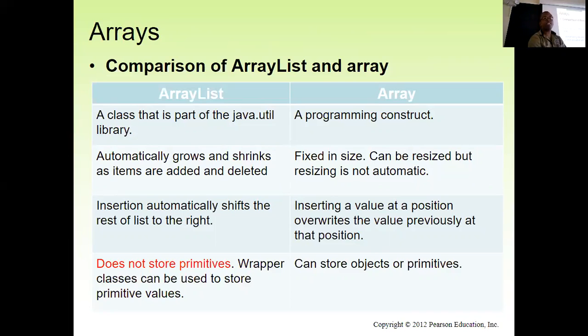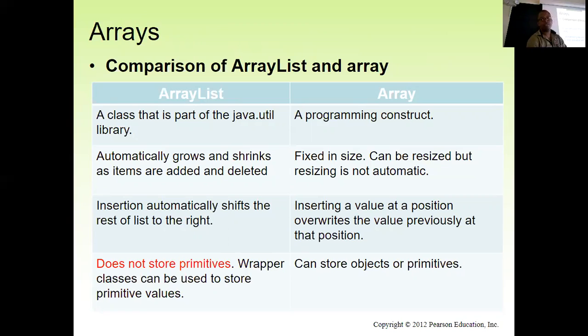With arrays, it's a fixed size. You can resize, yes, but it's something you have to do manually. So if you want to change the size, chances are you have to create a new array that is the size plus 1 or size minus 1 or whatever the new size is.